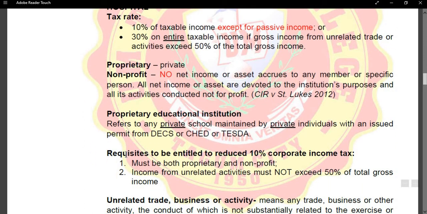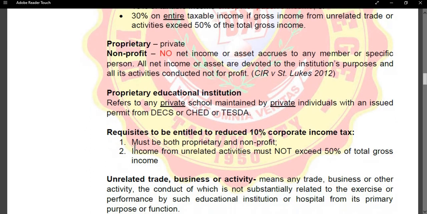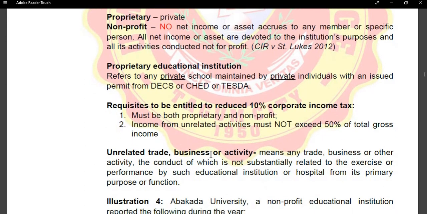Okay, so the requisites to be entitled to the reduced 10% corporate income tax: it must be both proprietary and non-profit. So the ownership and the purpose should be present. And the income from unrelated activities must not exceed 50% of total gross income.